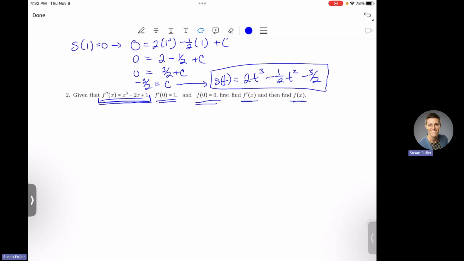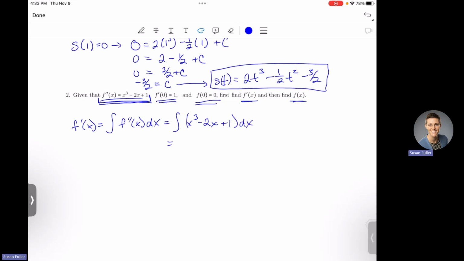Well, since the second derivative is the derivative of the first derivative, that means that my first derivative is the integral of my second derivative. Because again, antiderivatives go the other way as derivatives. It's a backwards derivative. And so to find my first derivative, I need to find the antiderivative of x to the third minus 2x plus 1.